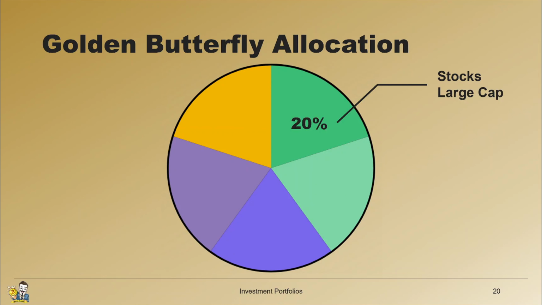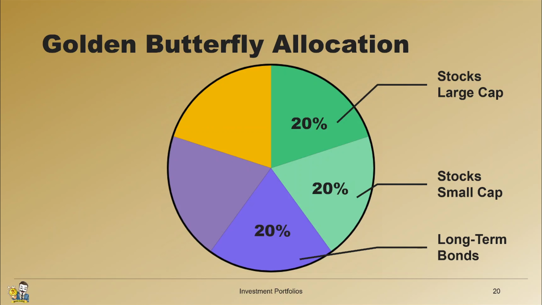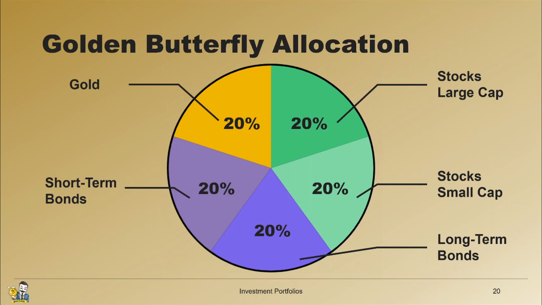It includes 20% in large-cap stocks, 20% in small-cap stocks, 20% in long-term bonds, 20% in short-term bonds, and 20% in gold, which is especially useful in times of inflation. What's interesting here is that although 80% of the portfolio is split between stocks and bonds, Tyler adds some nuance by diversifying across both market capitalizations, large and small, and bond durations, long and short term.